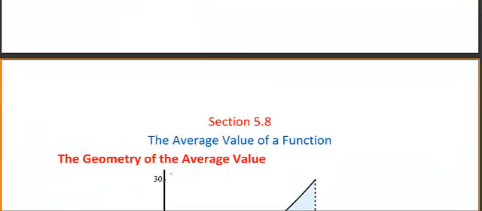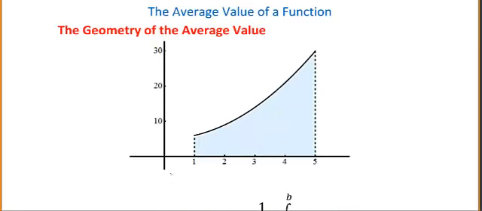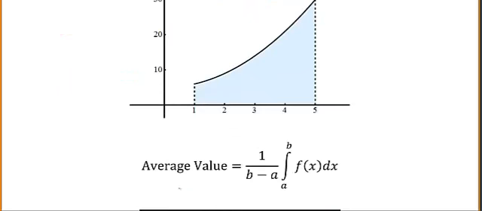Let's take a look at one other thing I'd like to show you, the geometry of the average value. Now remember, this average value is the reciprocal of the interval length, 5 minus 1 in this case, times the definite integral. If we have a positive function, that would be the area under the curve. So if I multiply both sides by the length of the interval, b minus a, then b minus a times the average value will be the area under the curve.